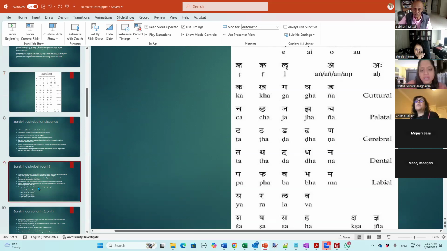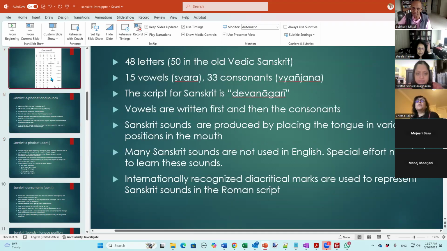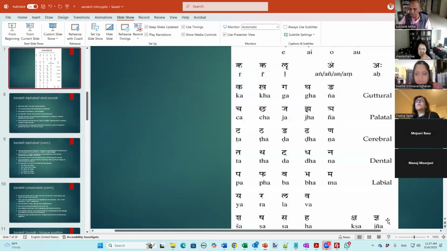And what about ksha and nya? Are they part of any of the three categories? Like I mentioned, ksha, tra, and nya, there are three of them, though this chart somehow didn't list tra. They are called combined letters, Sanjukta Akshara. This one is a combination of ka and sha.